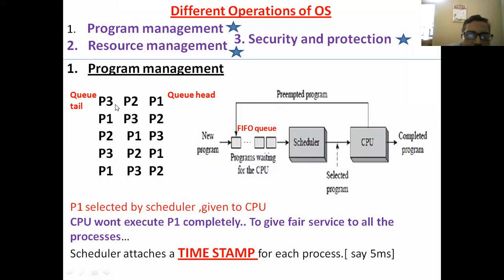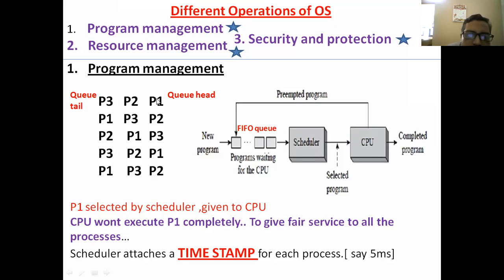Here I've given the example of a queue, where P1, P2 and P3 are the programs in the queue. Of course, the P1 process is at the head of the queue, and P3 is at the queue tail. The P1 program will be given to the scheduler, and the scheduler in turn gives P1 to the CPU for execution.